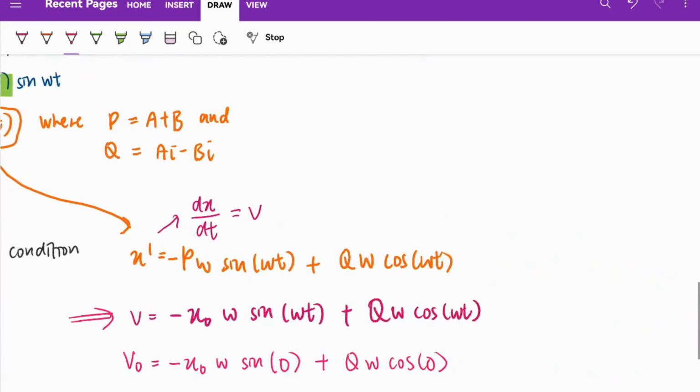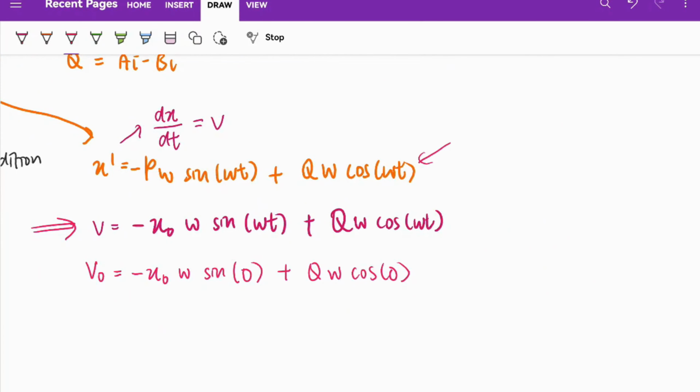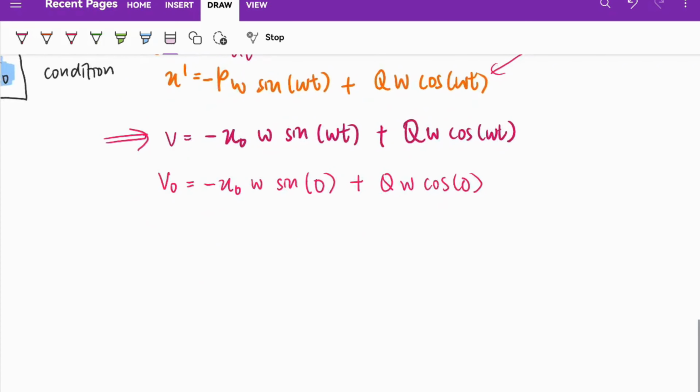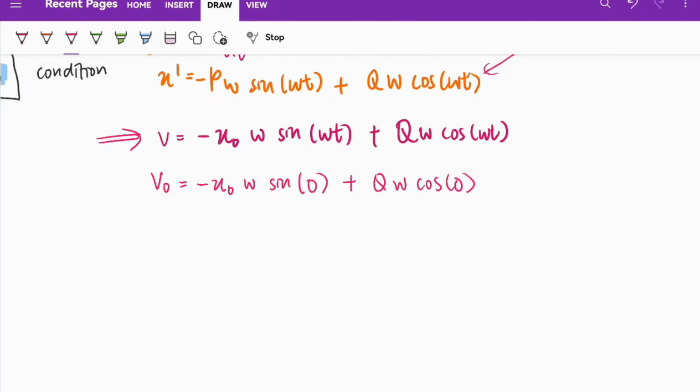That's why I differentiate the complementary function to find my Q as a constant. Okay, so v naught, when we rearrange this, sine 0 is officially 0, cos 0 is 1, gives you Q omega.